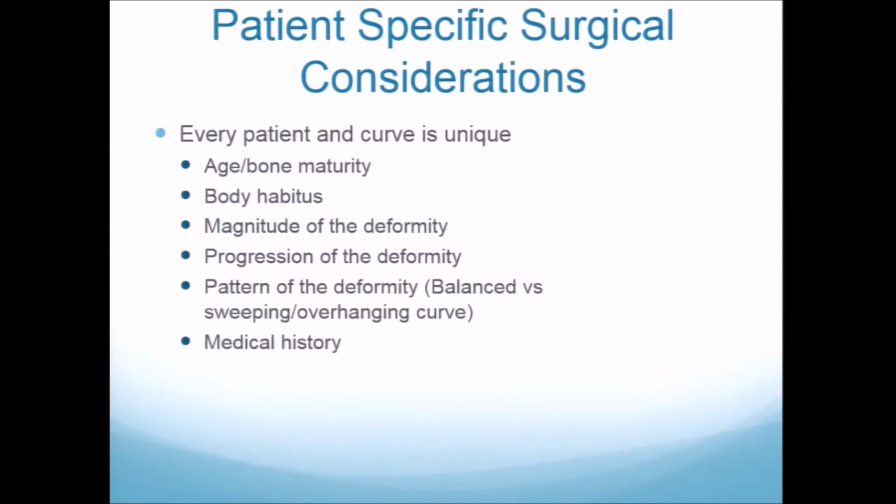That means you have a curve at the top of your spine that's mimicked by one at the bottom, and sometimes we can watch those for longer. However, there are other types of curves, these more sweeping curves, that tend to get worse and be more aggressive, and doing something earlier tends to be a better option. And then factoring in medical history. Sometimes surgery is not an option because you have other medical concerns.